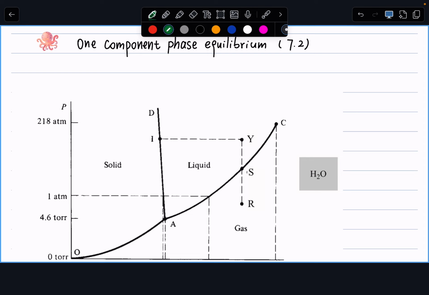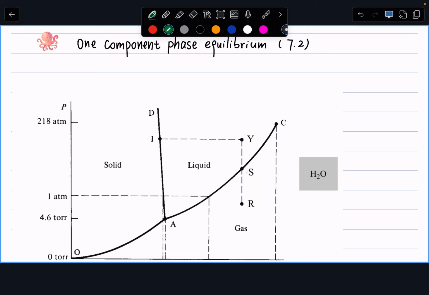Think about a scenario of a pure substance, and if we have a specified temperature and pressure, how many phases can coexist with each other?